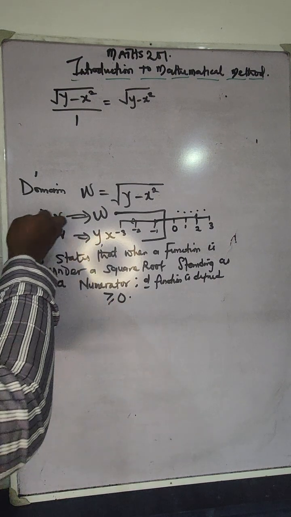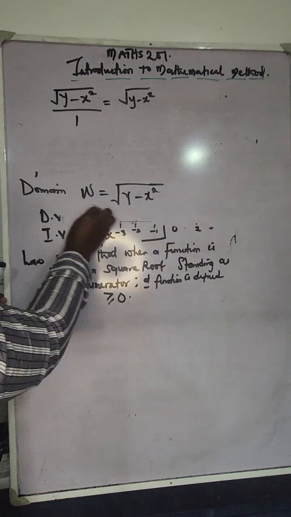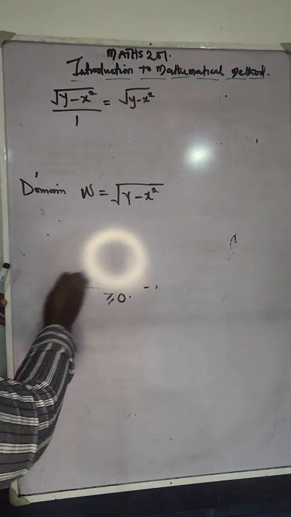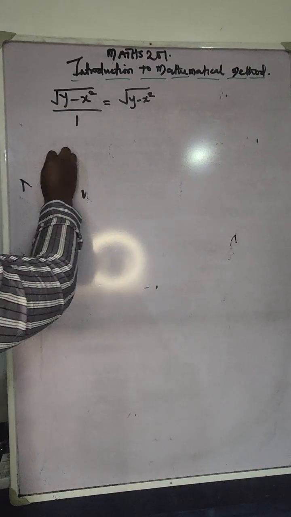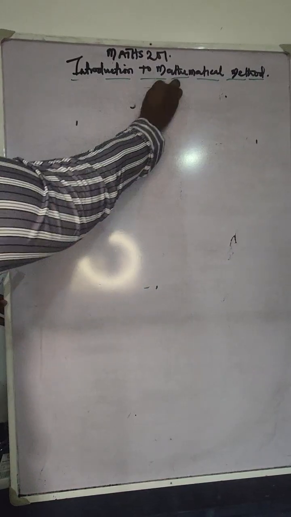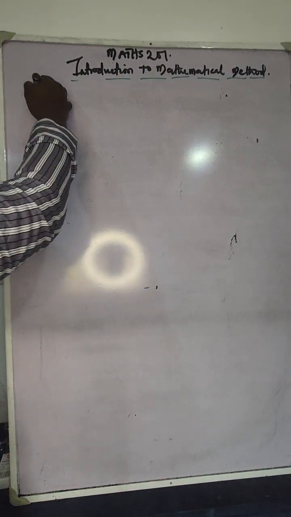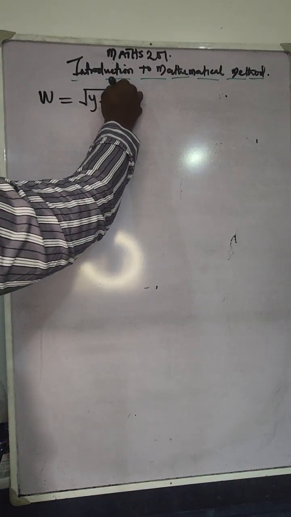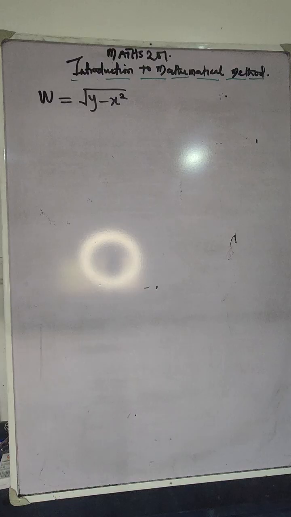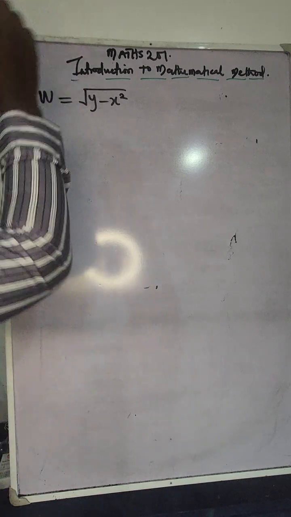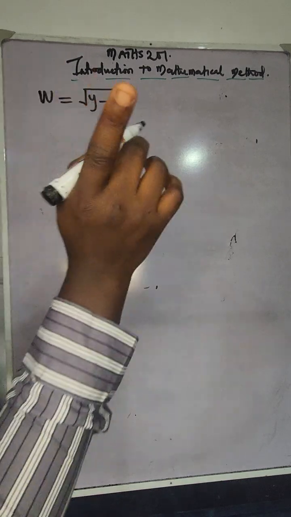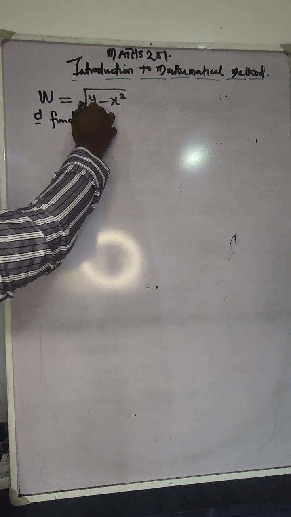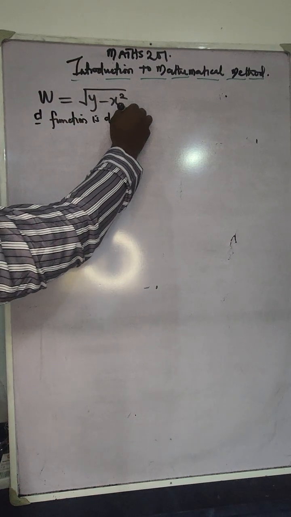So let me repeat the question again. W equals the square root of y minus x squared. What we are going to be writing here now is the statement: the function is defined.